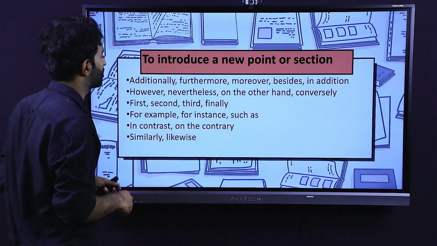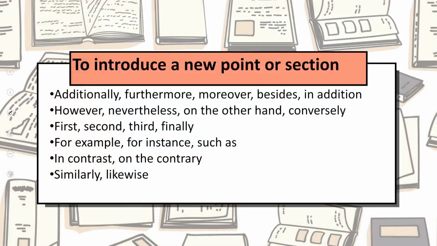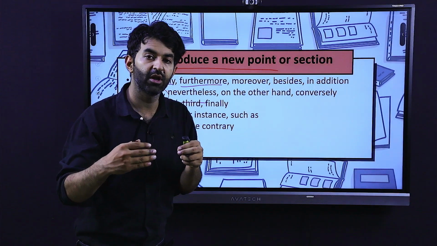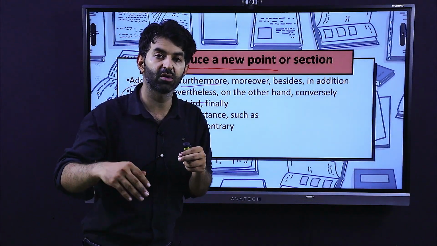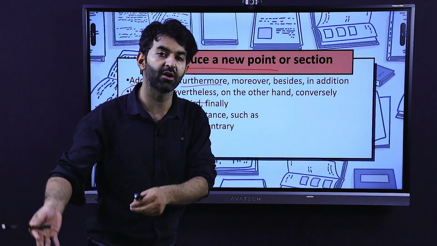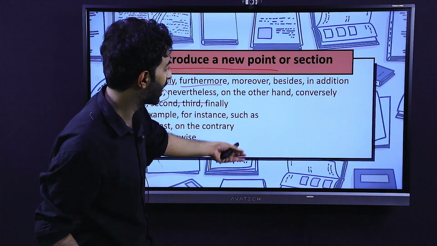They will link your introduction in a better way. So to introduce a new point or section, what are you going to do? You are going to use these words: additionally, furthermore, moreover, besides, in addition, however, nevertheless, on the other hand. If you are referring to another idea, if you're talking about the other side of the picture, the other side of the coin, you could say on the other hand.